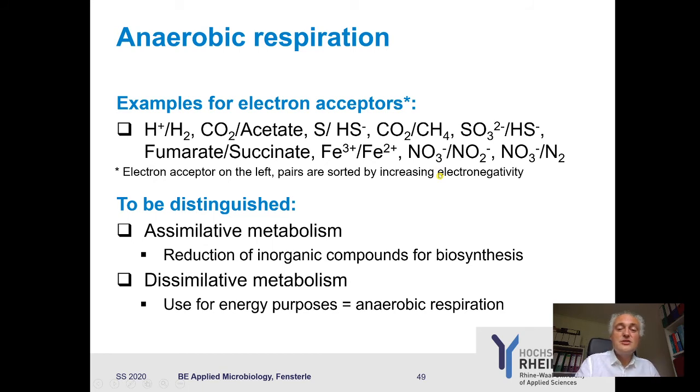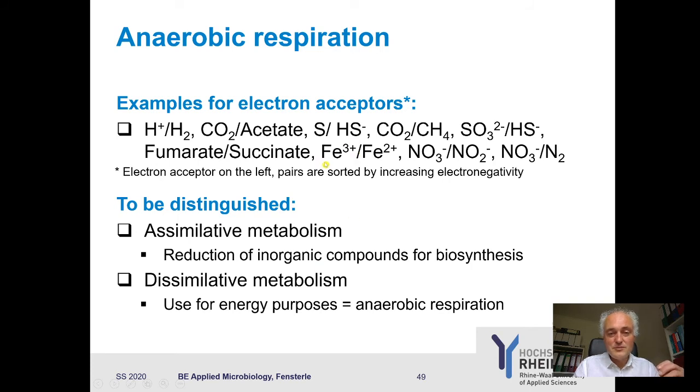So cells will also take up nitrogen in order to put that into biosynthesis. And this is then called an assimilative metabolism. So assimilative is everything where you tailor your molecules to biosynthesis. And all these molecules here you could also use for biosynthesis. But if we talk about dissimilative metabolism, we just use that for energy.